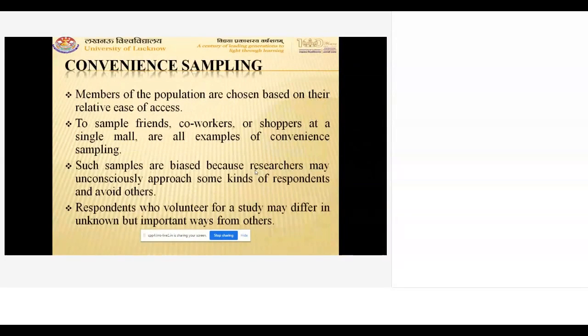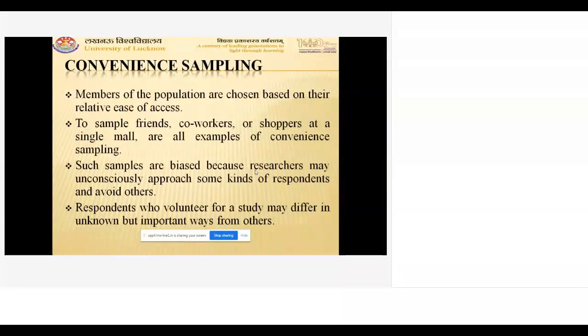Now, sometimes it is not possible to obtain a sampling frame, that is the complete list of individuals. In that situation, we will go for non-probability sampling. The first non-probability sampling is convenience sampling. In convenience sampling, we try to approach the individuals who are easily available to us.